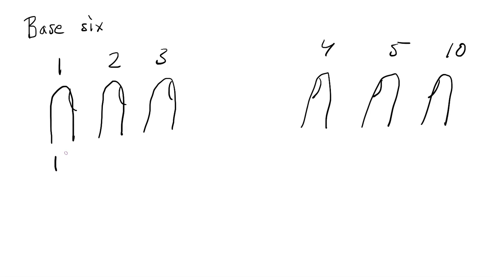Then you could continue 11, 12, 13, 14, 15, and 20. So this is how you would calculate if you only had 3 fingers on each hand. Just like kids work and count on the fingers, just count out loud. But you have to remember that after 5 comes 10, not 6.